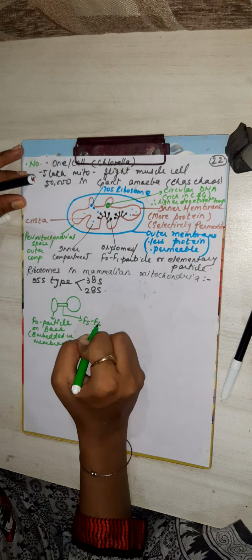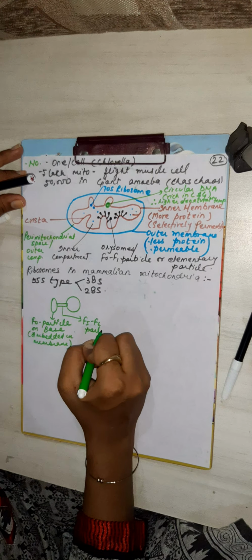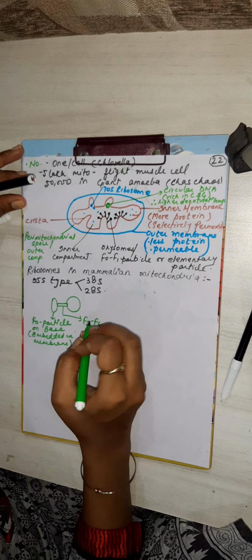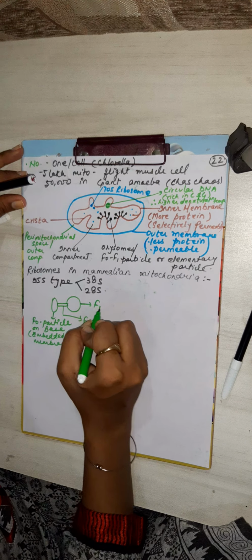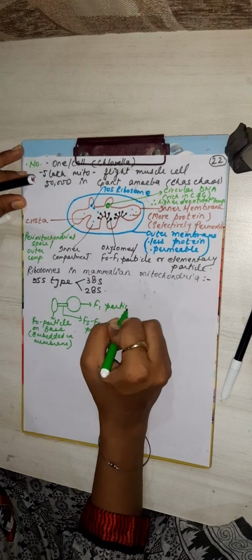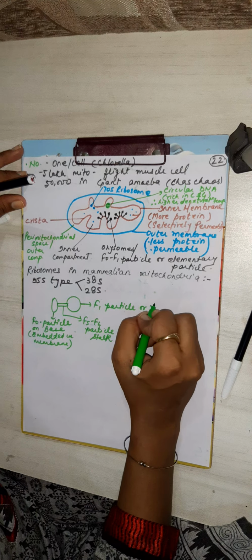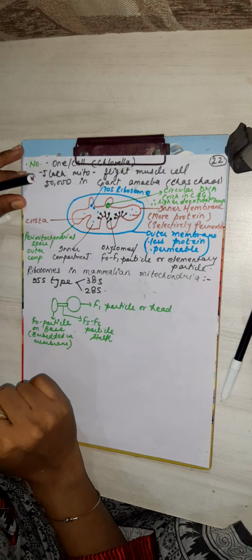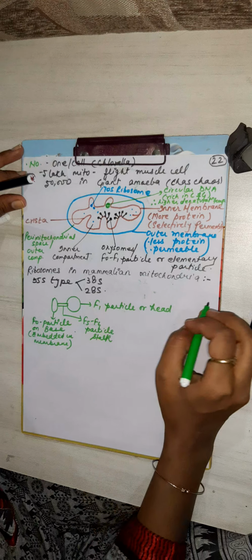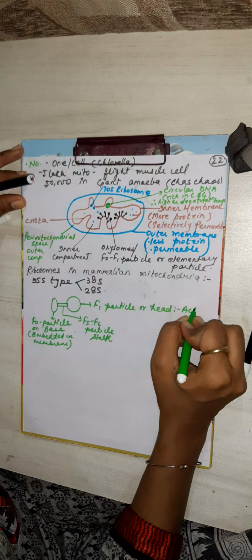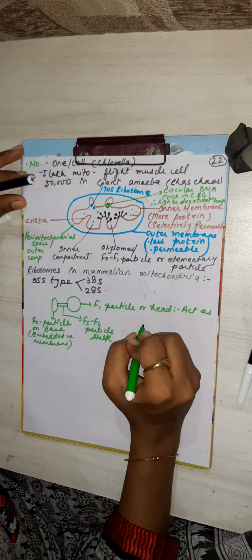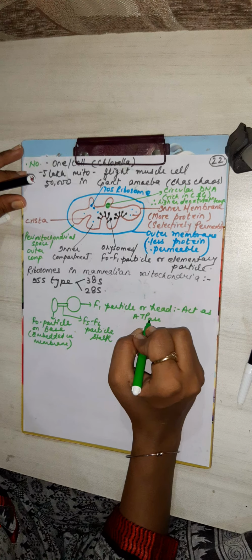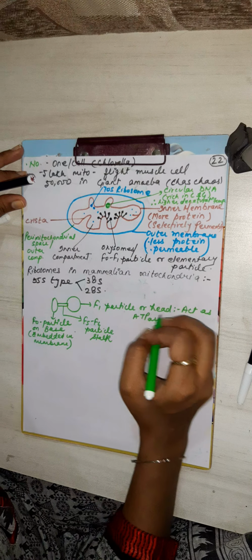F5, F6 is the stalk particle, and this is the F1 particle or head. What is the function of the F1 particle? It acts as ATPase, helps in ATP synthesis.